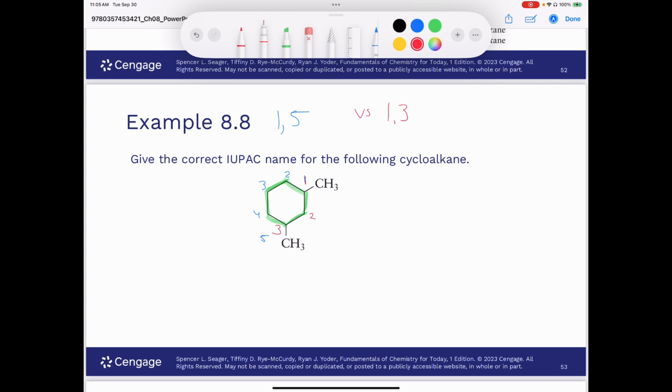What's a lower number, 5 or 3? The answer is 3, so we're going to erase all this junk here and put my 1 back here. We would call this compound 1,3. Now there are two methyls, so dimethylcyclohexane, like that.